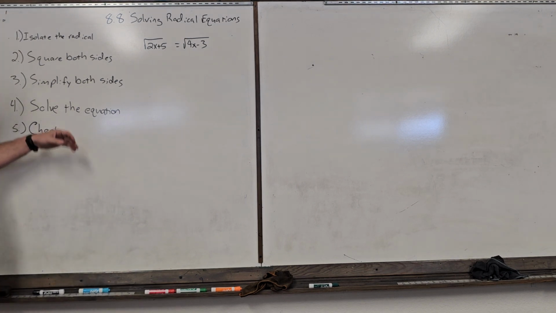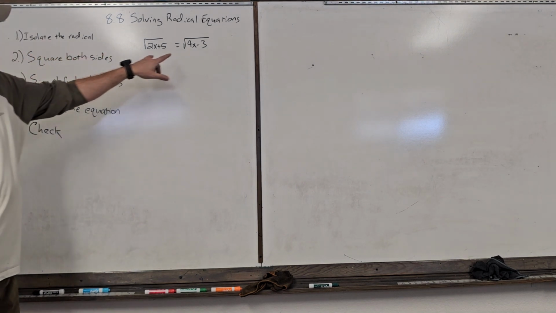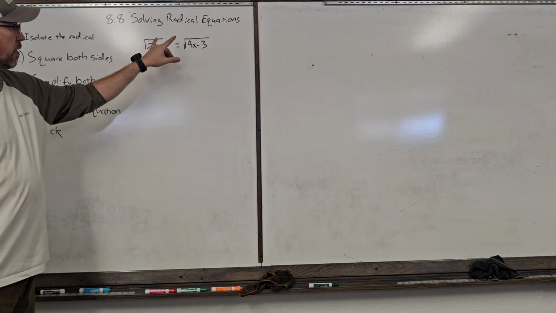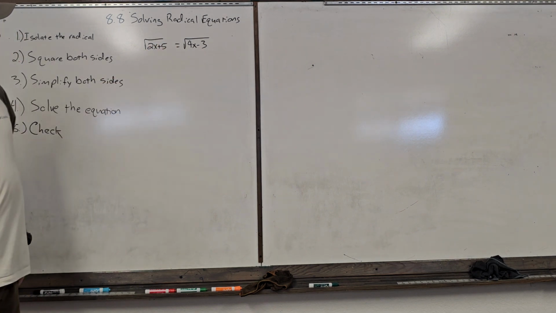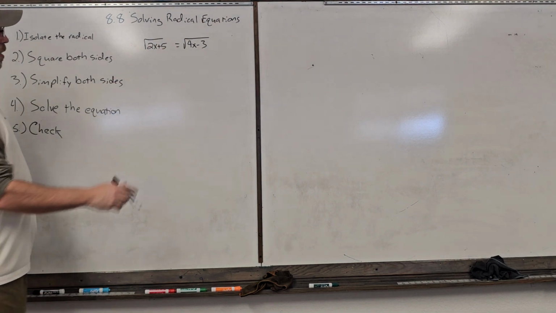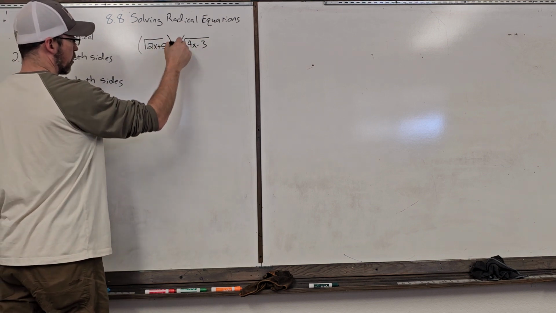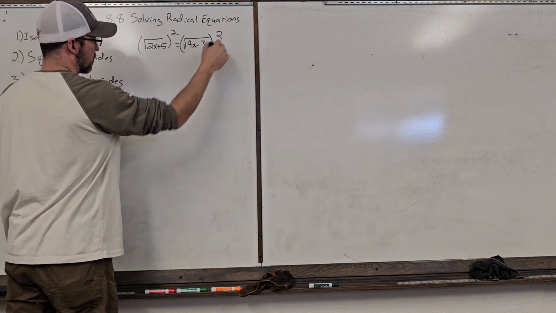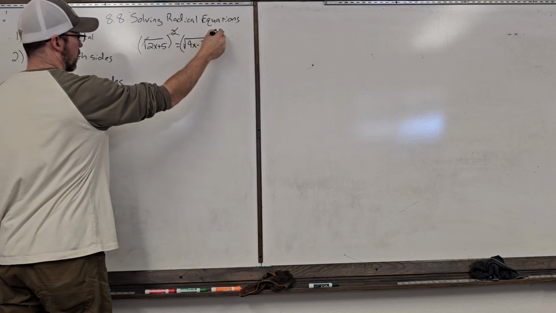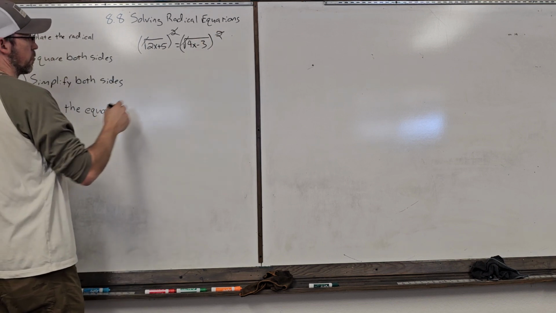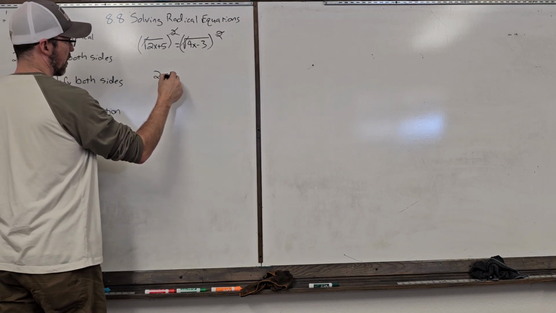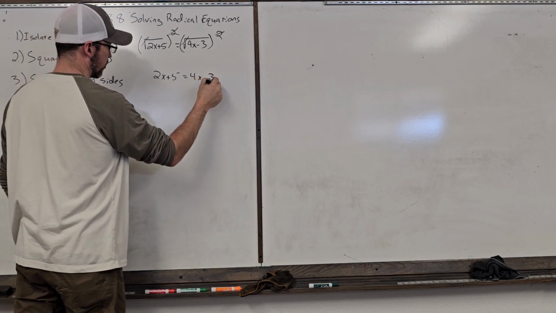This one looks different because it's going to tell us to isolate the radical, but I've got two radicals. They're both already isolated on either side, so I'm good right now to just go ahead and go to step 2 and square both sides. So I get cancellation of radicals and exponents, and I get 2x plus 5 equals 4x minus 3.